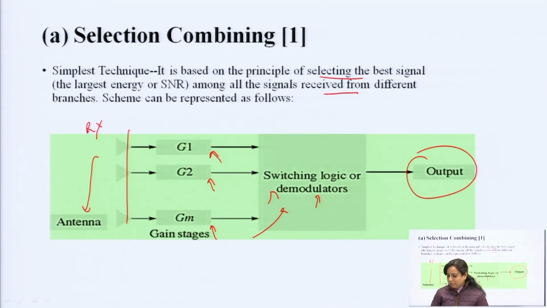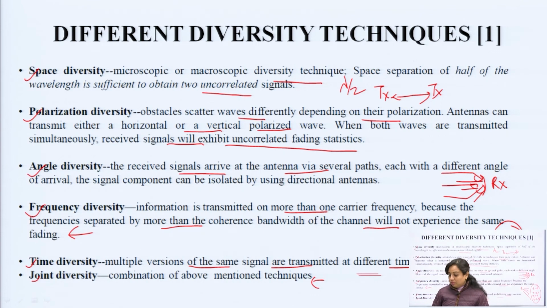Now, I am going to repeat a particular topic again, that is, what is joint diversity. In joint diversity, like we have seen 4 to 5 different types of diversity technique: space diversity, polarization, angle, frequency and time diversity. All of them have their own advantages and disadvantages. In case of joint diversity, we have to choose which different types of diversity we can combine.